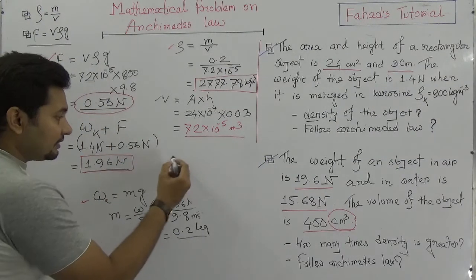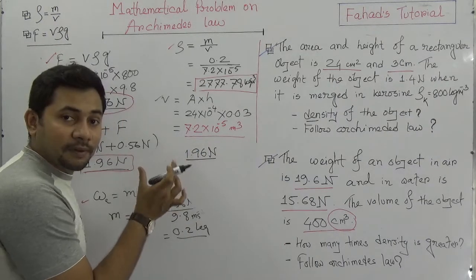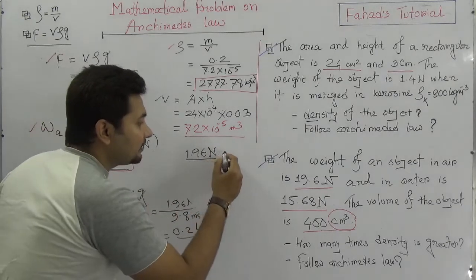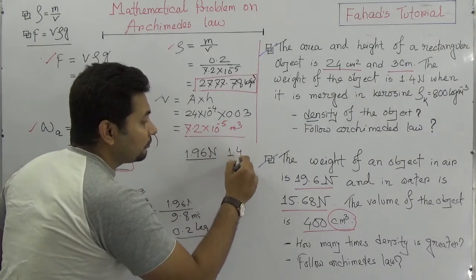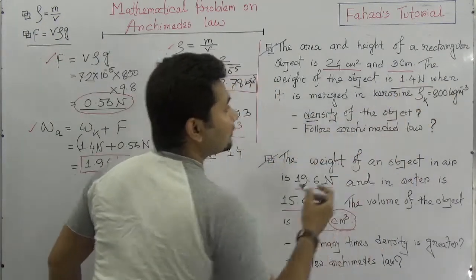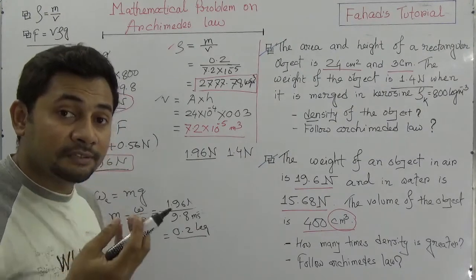You got earlier 1.96 Newton as the weight of this object in air, and 1.4 Newton is given as the weight in kerosene.